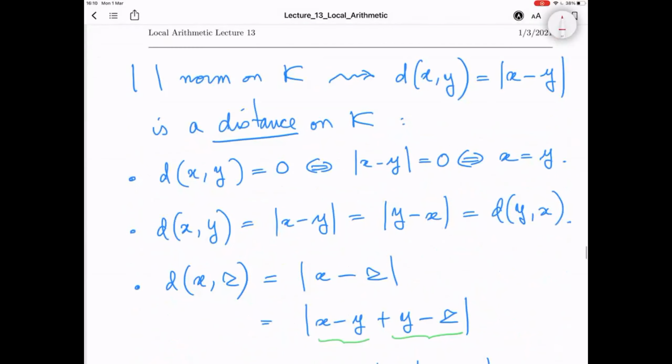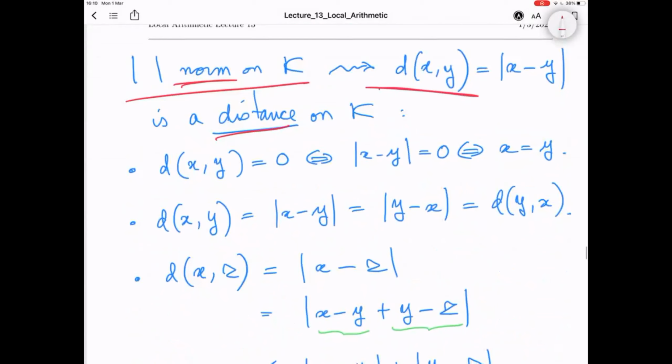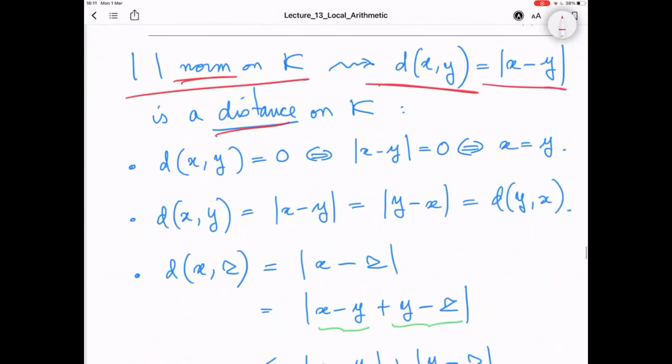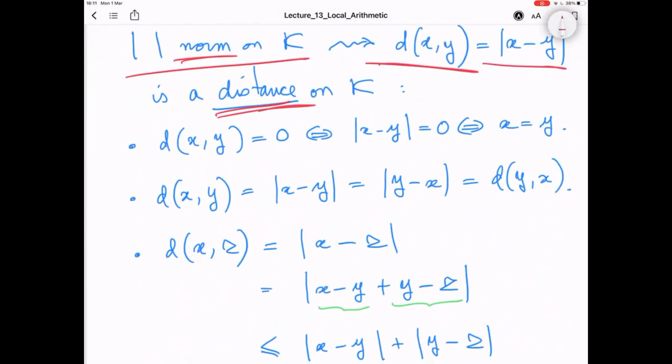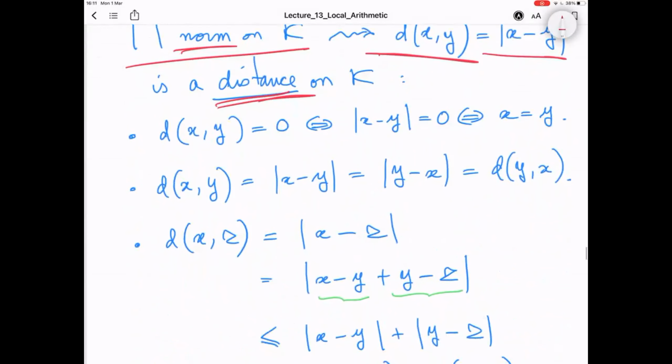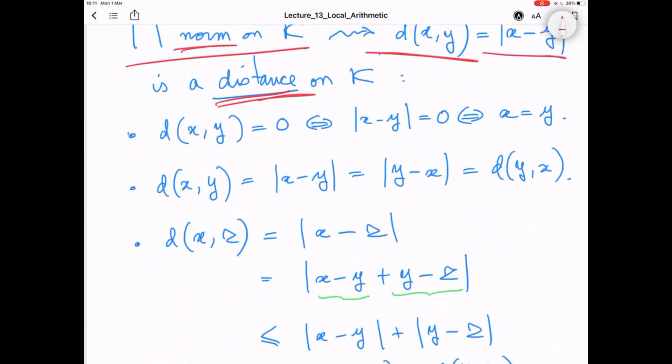Now we have this notion of distance associated to a norm. If I have a norm on this field K, then I define the distance of X and Y to be just the norm of X minus Y. And it's clearly a distance because there are three conditions to check.